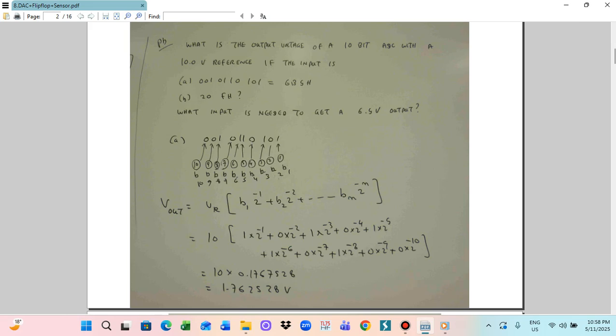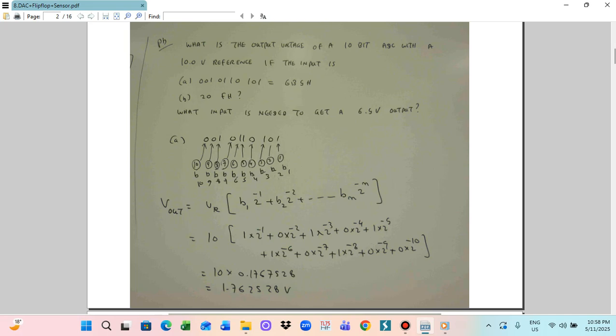B7, 0 multiplied by 2 power minus 7. B8, 1 multiplied by 2 power minus 8. B9, 0 multiplied by 2 power minus 9. B10, 0 multiplied by 2 power minus 10.